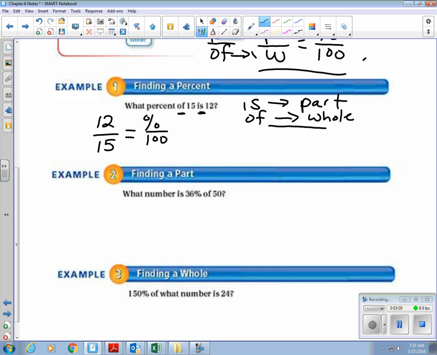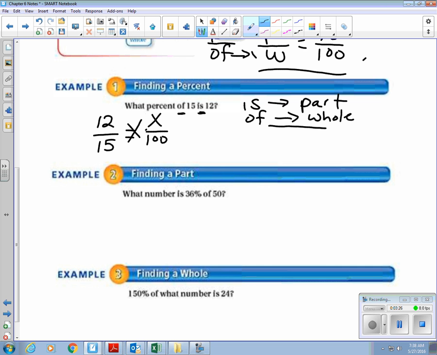And a lot of times what we'll do is this percent sign that's up here, since it's what we're looking for, we'll get rid of that percent and we can replace that with a variable, since it's what we're looking for. So 12 over 15 is equal to x over 100. And we can go ahead and do some cross multiplication on that and figure out what x is.